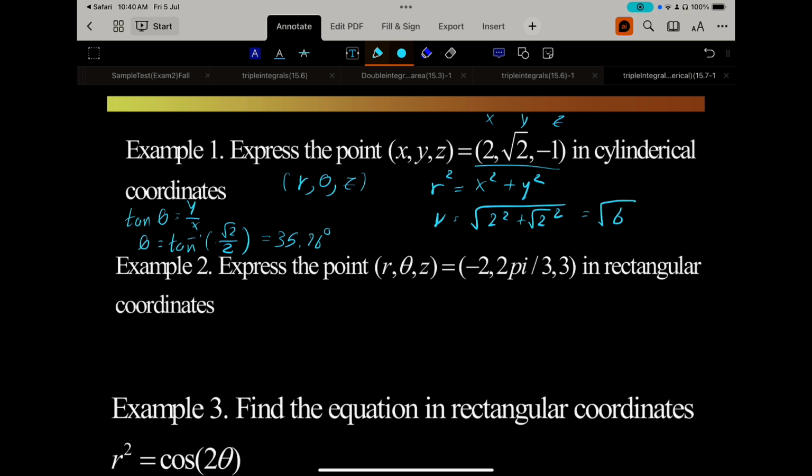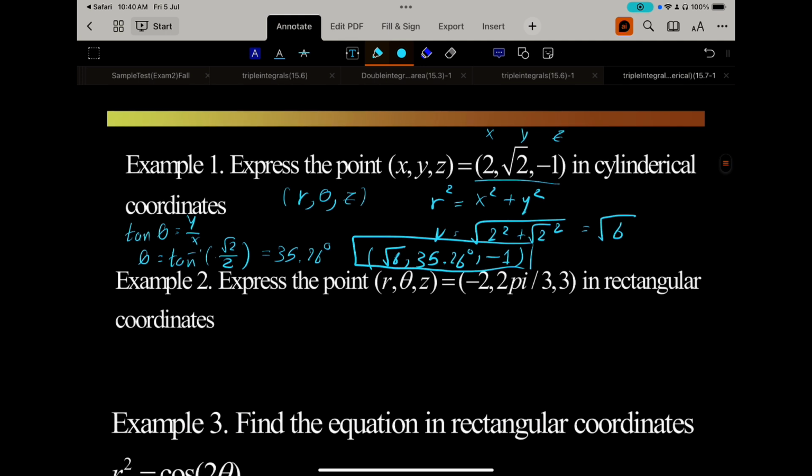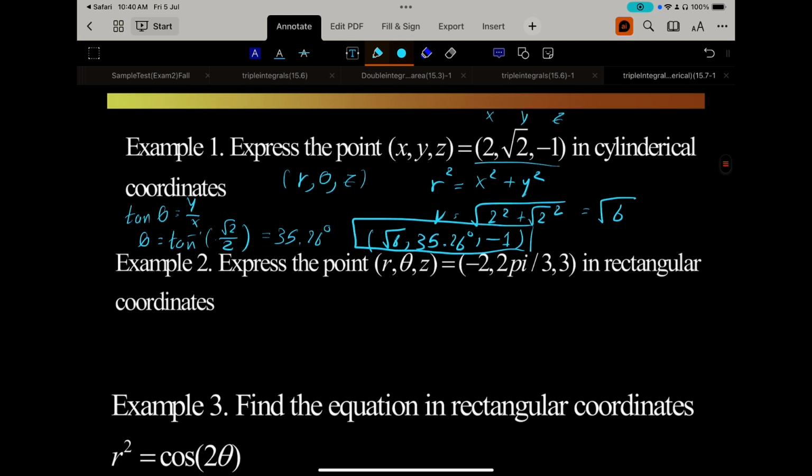And now z remains the same, and so our point is basically square root of 6, 35.26 degrees, and minus 1. And this is our point. Now we converted this from Cartesian coordinates, or rectangular coordinates, into cylindrical coordinates.